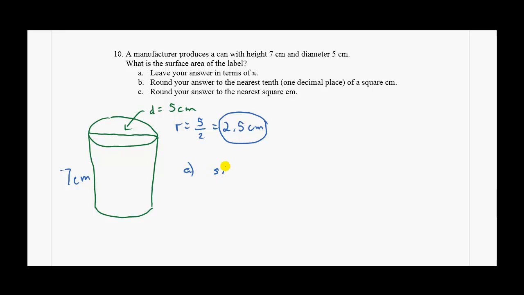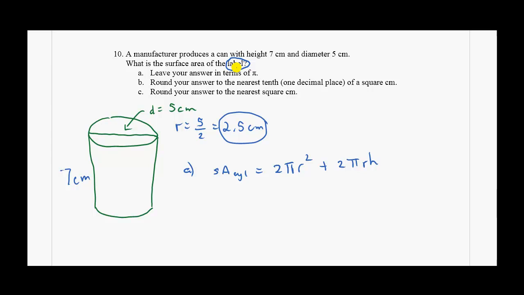So for part A, surface area of a cylinder is 2 pi r squared plus 2 pi r h. Another thing that we should be aware of when we read the question very carefully, it's asking what is the surface area of the label.